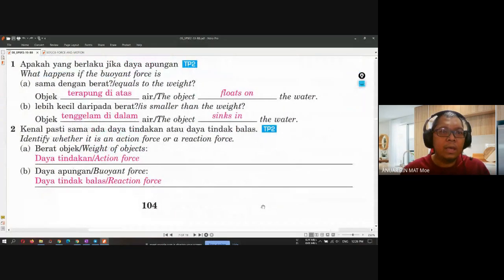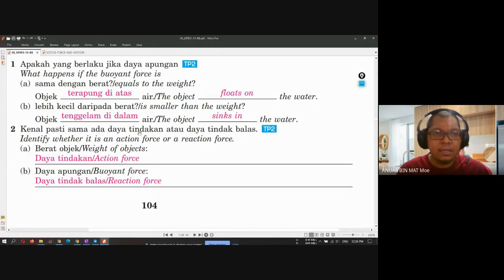Discussion number 1. What happens if the buoyant force is equal to the weight? The object floats on the water. B, if it is smaller than the weight, the object sinks in the water.